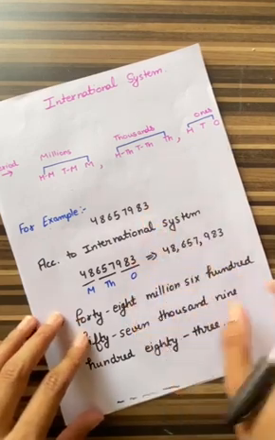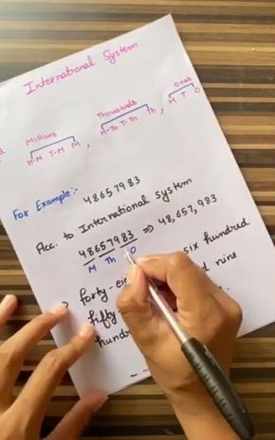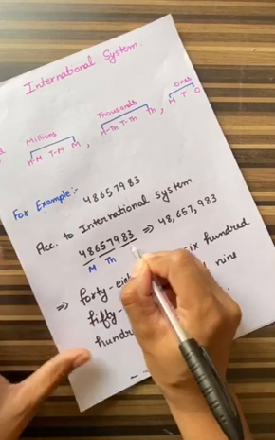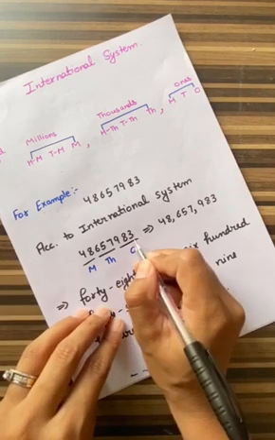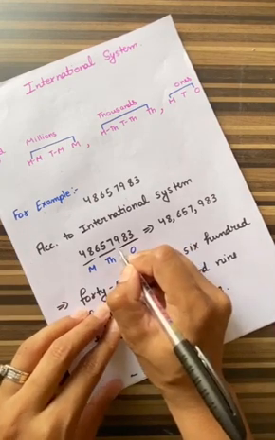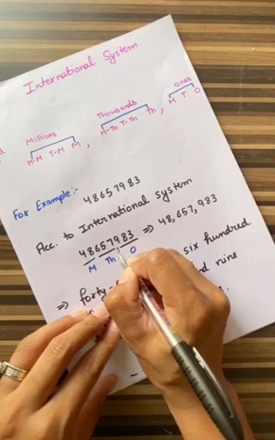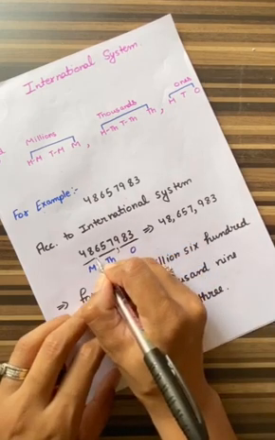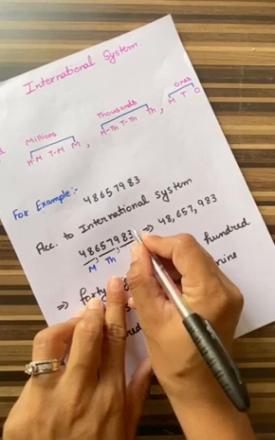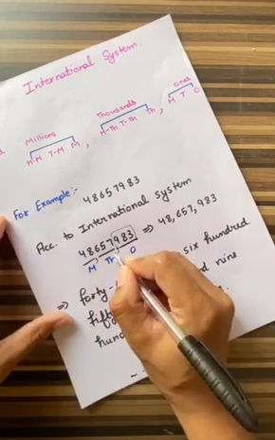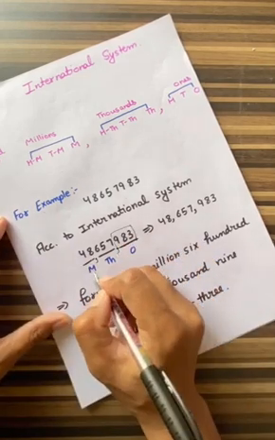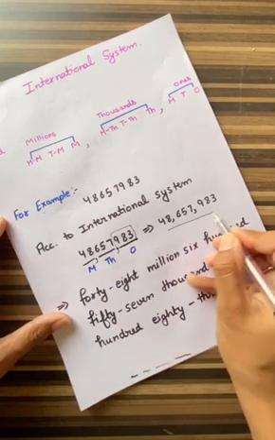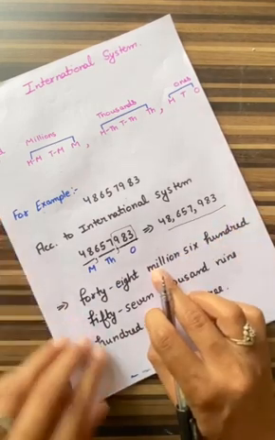First of all, we will divide it into periods, and after every period we put a comma. This is a period of ones, this is a period of thousand, this is a period of millions, and I had already put the commas in between.